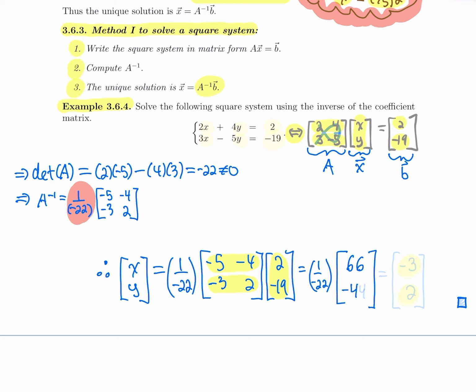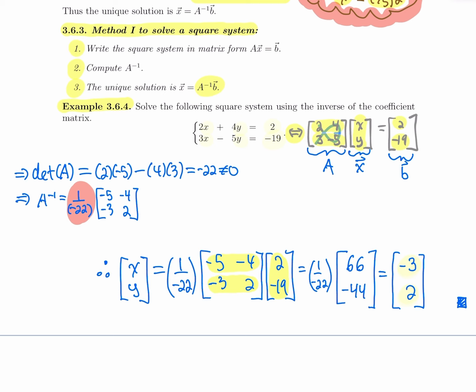And this is going to give you minus 44. And then once you do your actual computations, now this is when I'm going to enter that minus 22. But see how clean these things are. 66 over minus 22, that's minus 3. And minus 44 divided by minus 22, that's a 2. And that's my unique solution.